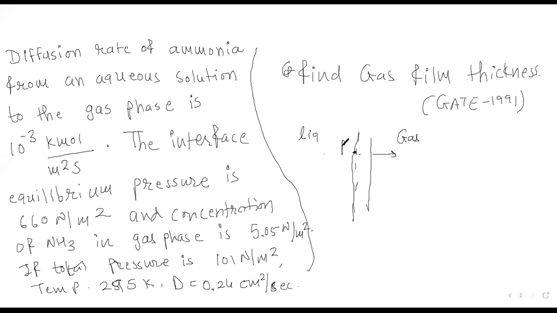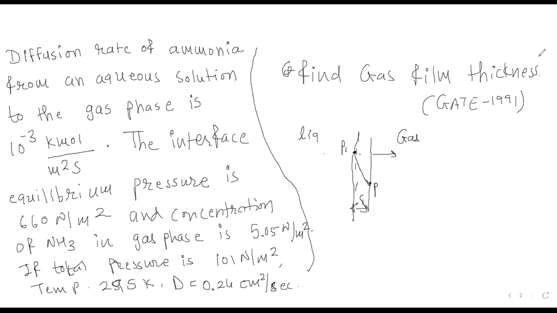Here the pressure Pi is given, in the gas phase P is given, and there is a change in pressure. So this is the scenario. Now they ask to calculate the film thickness.